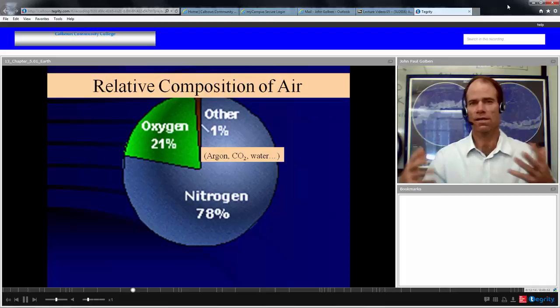The kinds of life that we see depends on having just the right level of oxygen present. So the conditions of this air are just perfect for life as we know it, to have 21% oxygen, not in an inert atmosphere of nitrogen, but in an atmosphere of mainly nitrogen.